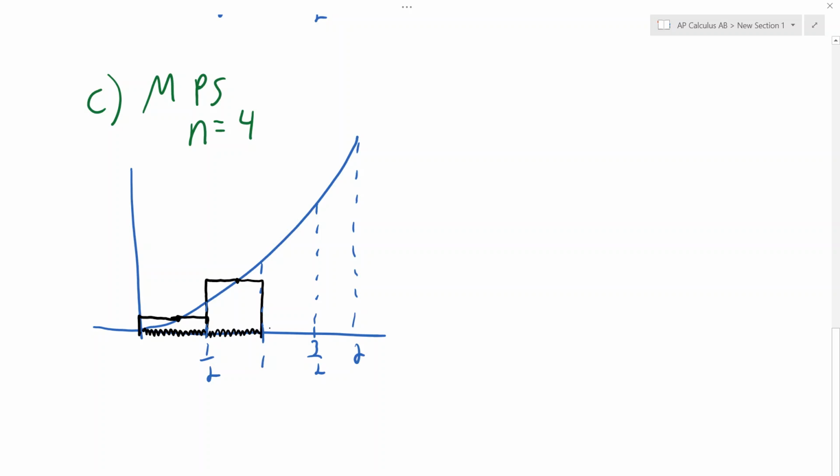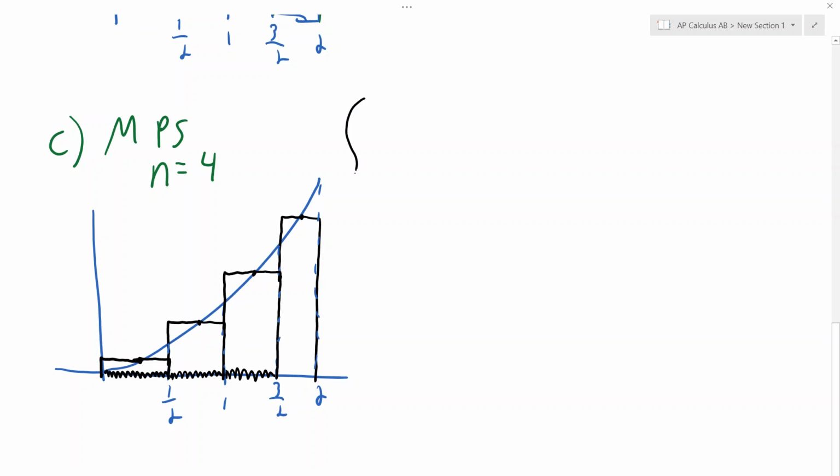Next rectangle, a base from 1 to 3/2, but now the height is at 5/4. And then you take the height at 7/4 for this one. And although they don't look like they have the same width, they all have the same width.